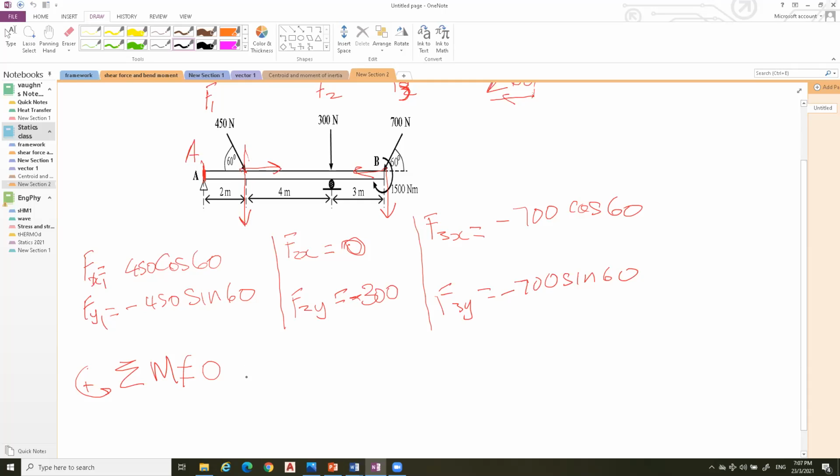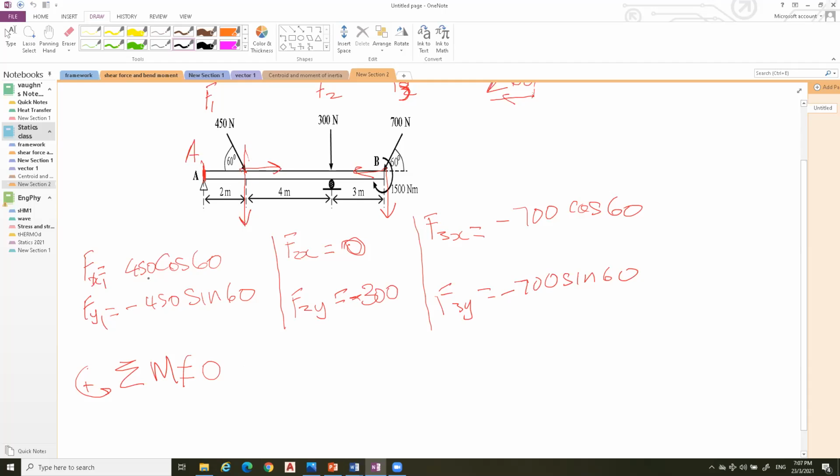For the Y, it was minus 450 sine 60. But in this case, even though we know it's minus, just think about it. Just know the direction. If I put the direction in, you don't duplicate the minus sign. You put the sign in, you put the direction in, and then you take the moment.